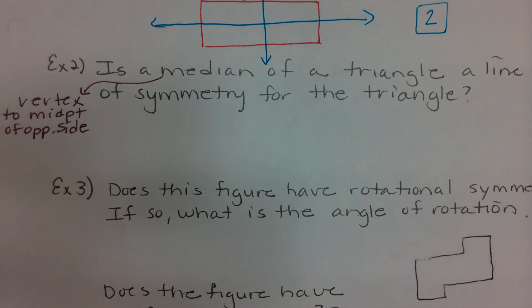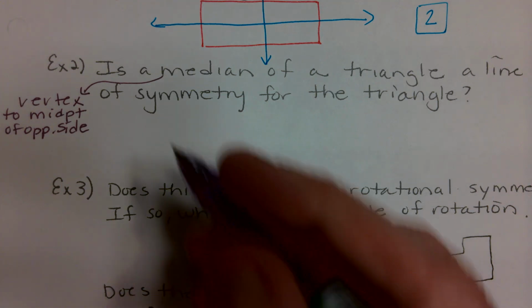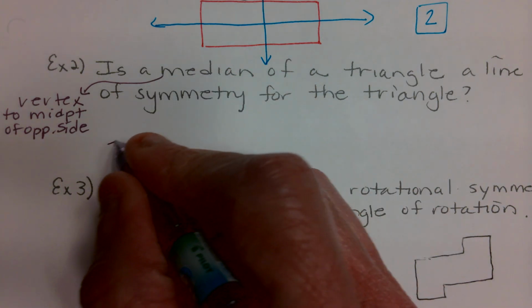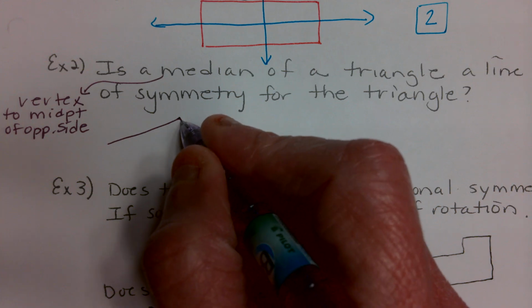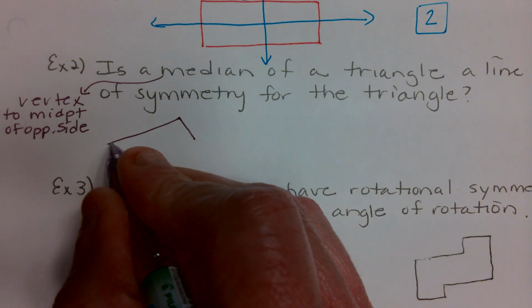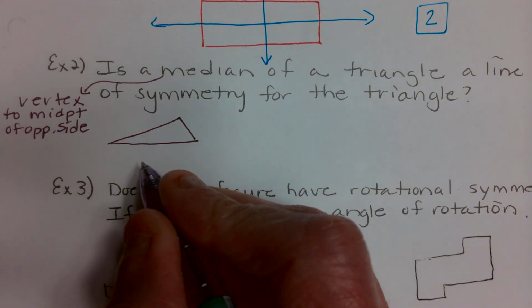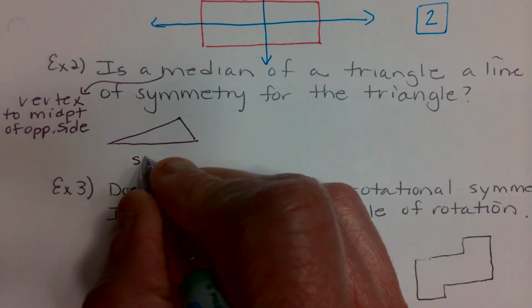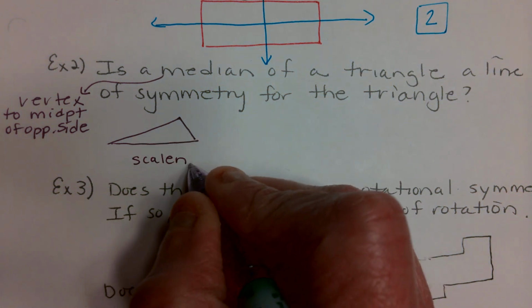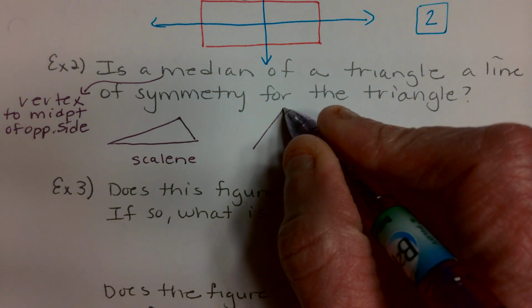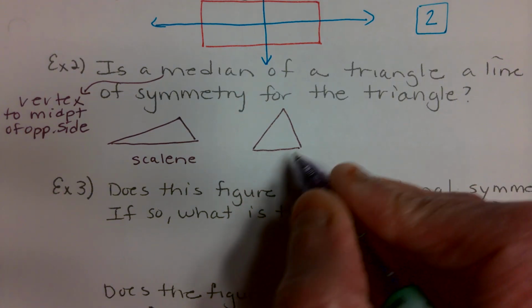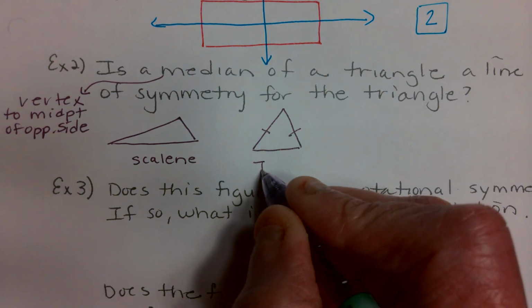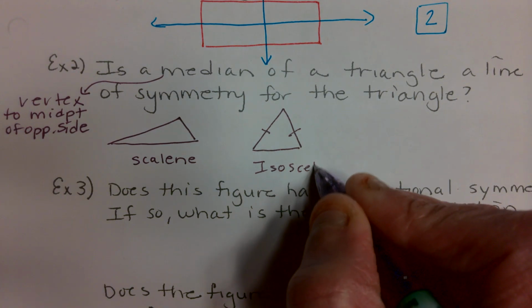And then it makes me think, well, what kind of triangle? We have several different triangles. So let's think about the different ones we have. We have one that could be like that, which we would call scalene. Then we would have one like that, which we would call isosceles.